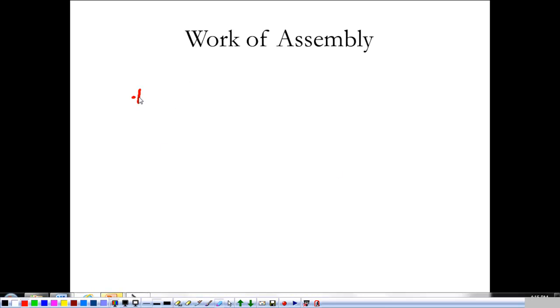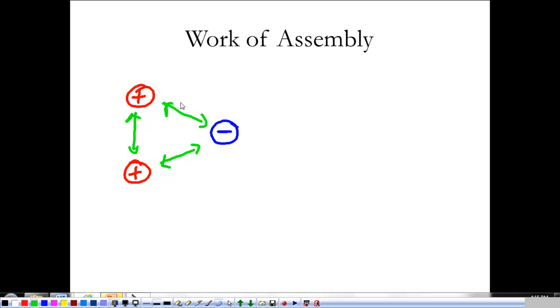Likewise, if I have a positive charge here and a positive charge here, and I bring in a negative charge Q from infinity, the electrostatic potential energy of this system, to bring them all together, is the electrostatic potential energy between these two, the electrostatic potential energy between these two, and the electrostatic potential energy between those two.